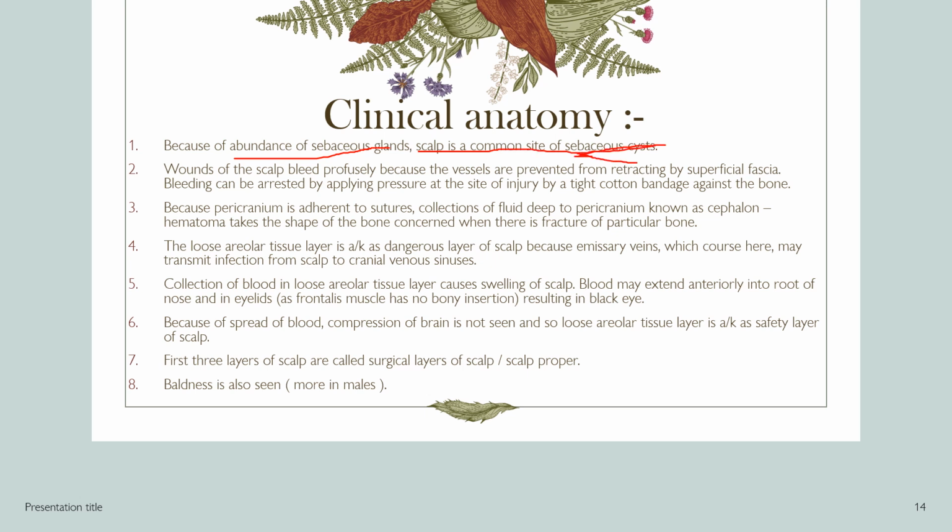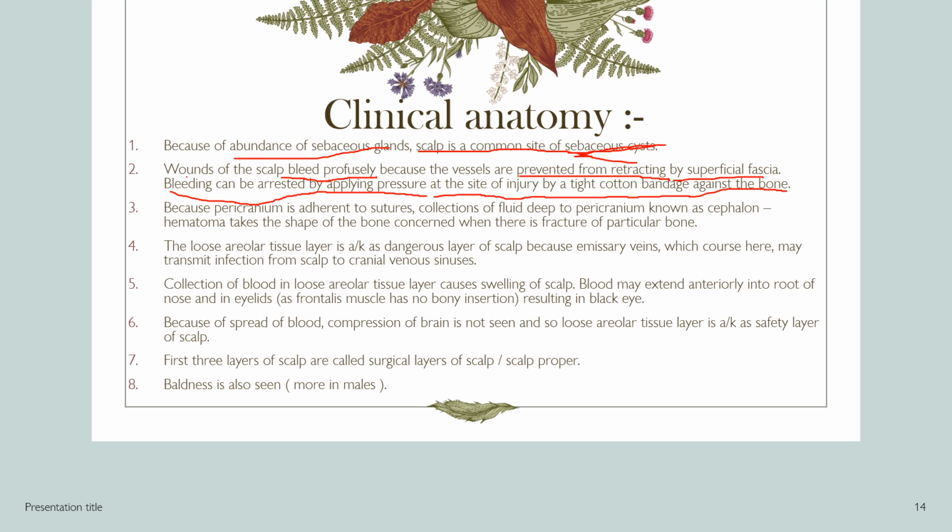So the first thing is sebaceous cysts. The second is that wounds of scalp bleed profusely because the vessels are prevented from retracting by the superficial fascia. Bleeding can be arrested by applying pressure at the site of injury by a tight cotton bandage against the bone.